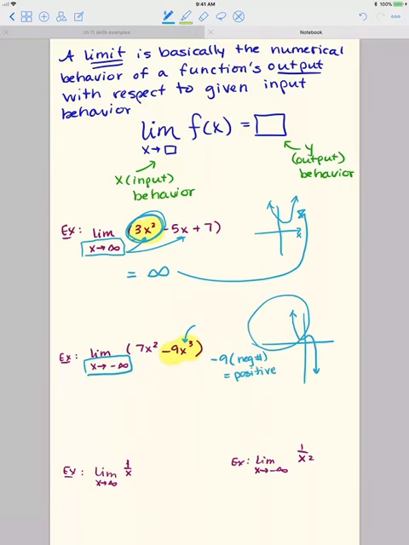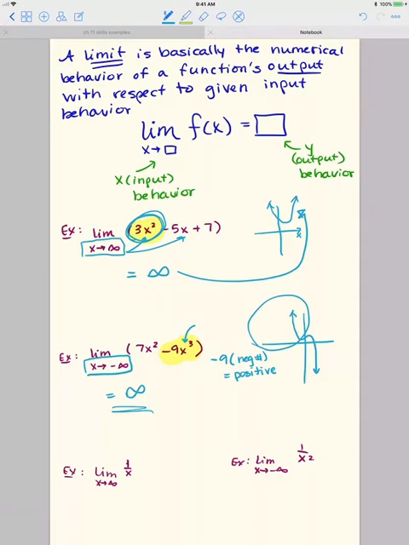So no matter how negative x gets, when you multiply it by -9, you're going to end up with a positive answer. And the function value as x goes to negative infinity is going to be positive infinity again for this function. Again, it's just the function behavior in the particular x area that you're interested in. Okay, so there's a couple polynomial examples.